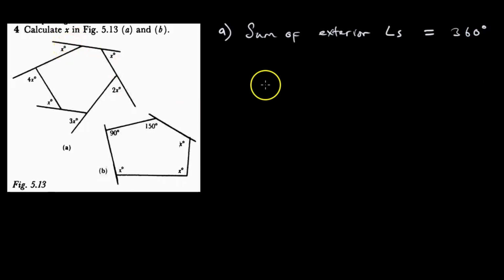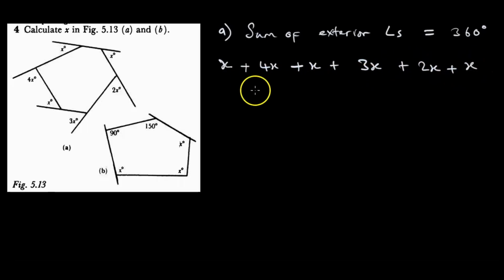So we start with x plus 4x, we are going this direction, plus x plus 3x plus 2x plus x, and it should be equal to 360 degrees.